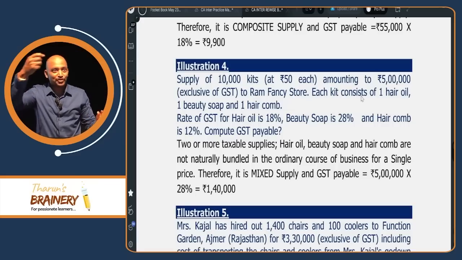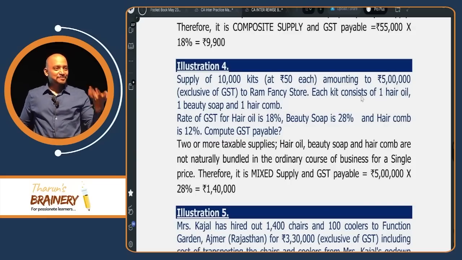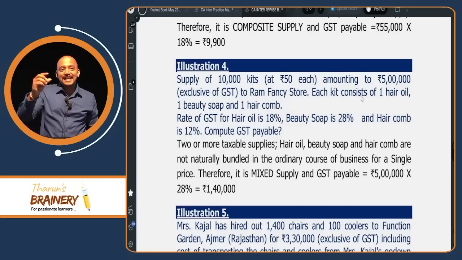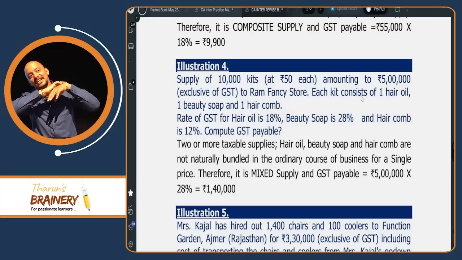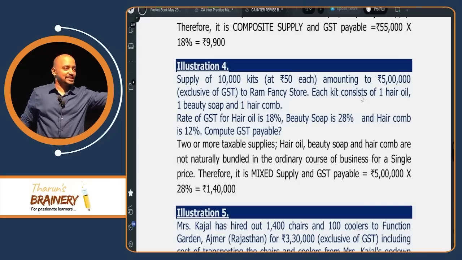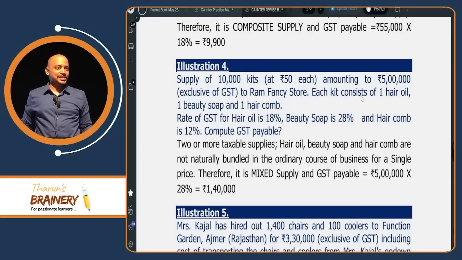It will be mandatorily given in every hair oil box. Then it will be coming under composite supply there. But will they give a hair comb? No. So therefore, it is not composite supply.